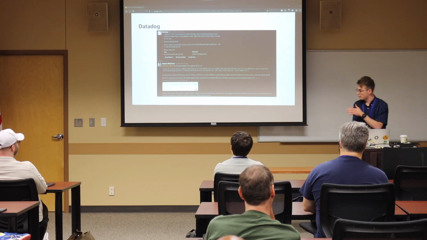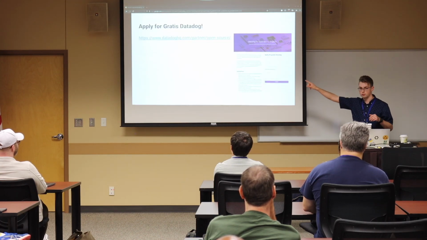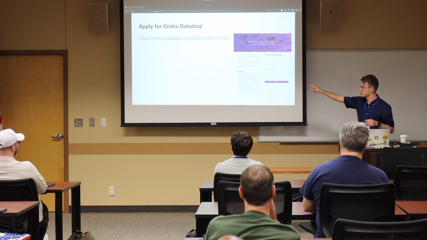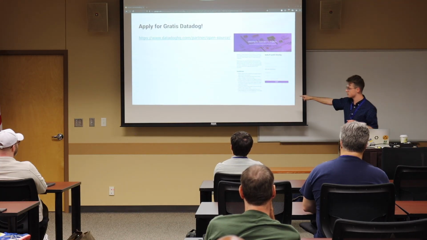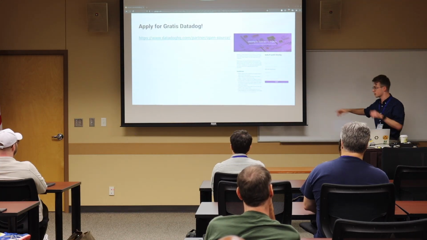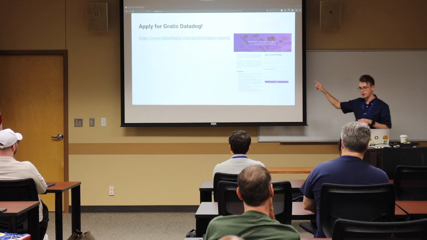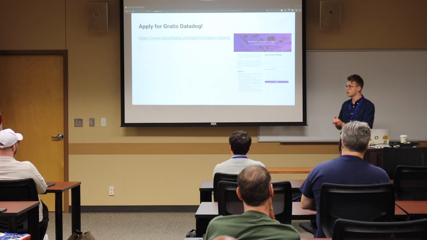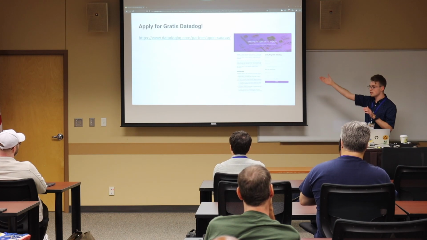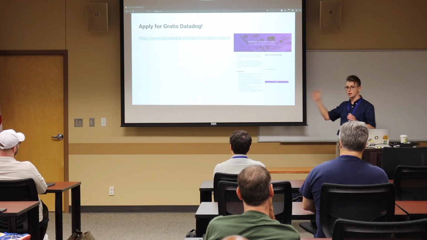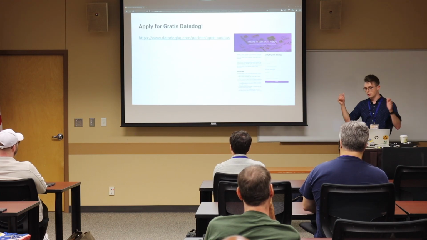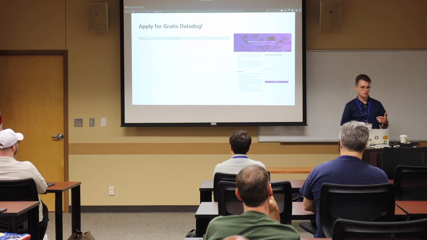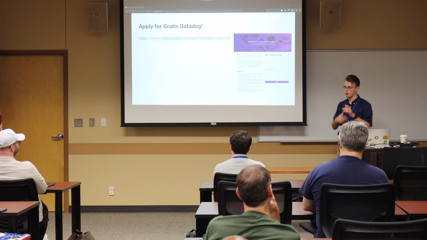Anyway, I want to take a quick sidebar here to say that you can also get free Datadog if you are an open source project. Go to this link and fill out this form. There's a couple of requirements that are elaborated on the website. But basically, the process is you submit this form, you sign up for a trial account, you do the trial, then they'll get in touch with you and they'll ask you to do a few things.